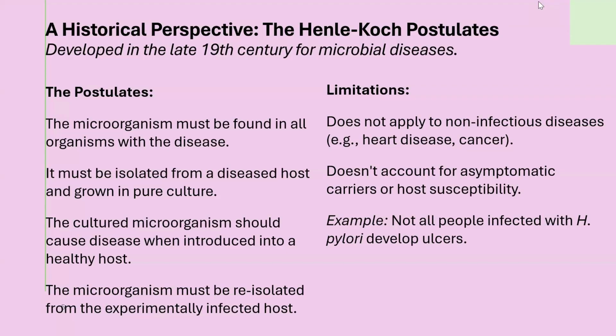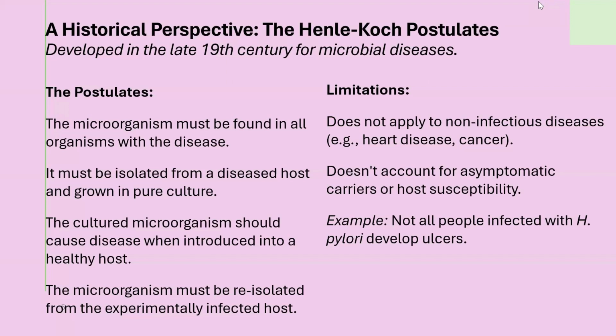The first is that the microorganism causing the disease must be found in all organisms that have the disease. If we use malaria, for example, the microorganism that causes malaria, Plasmodium falciparum, must be found in every individual that has malaria. That's what the postulate says.